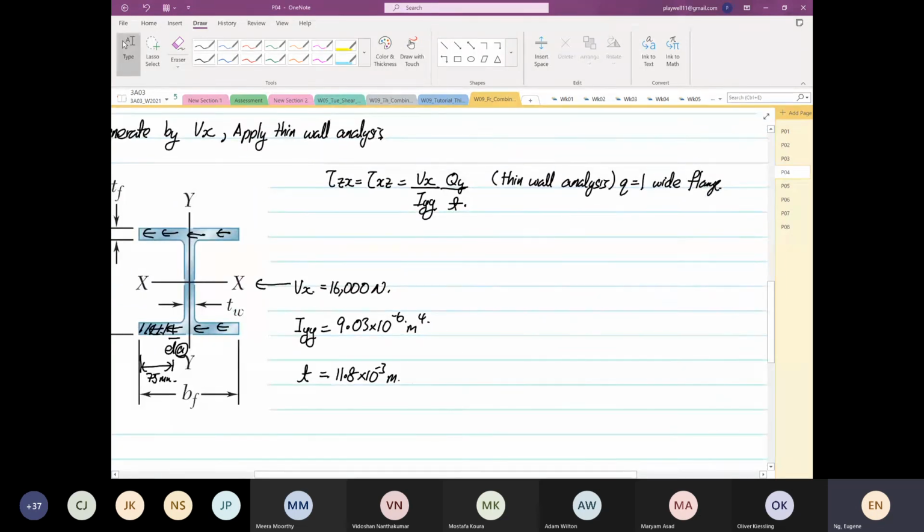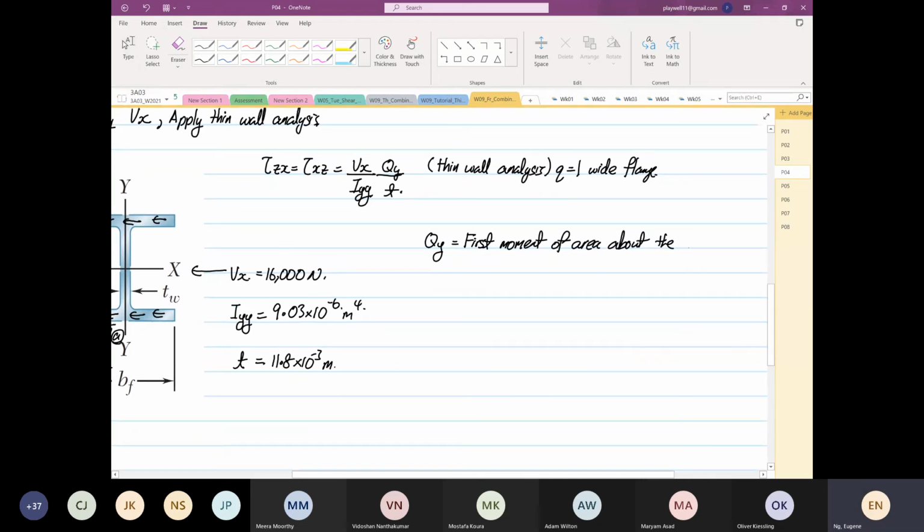So once again, the most headache one is Qy. Qy means first moment of area about the y-axis. So now the area is rotating about the Y-axis, right?